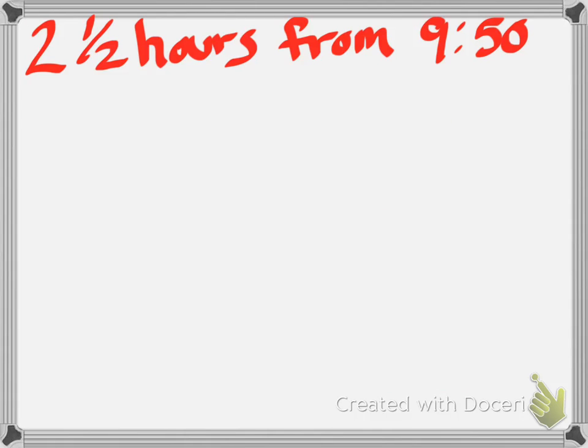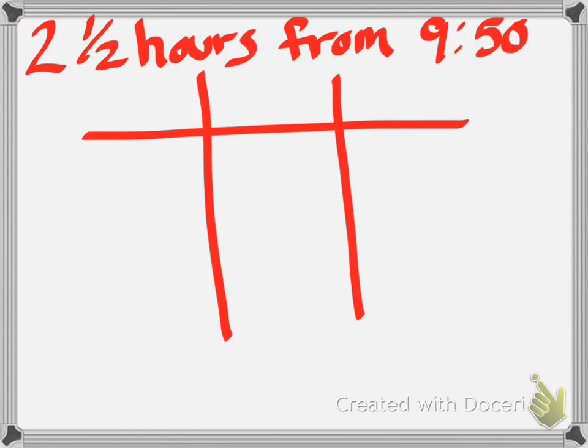Okay, now let's go ahead and figure out a different type of elapsed time problem. We're actually going to be doing something a little differently. We have 2.5 hours from 9:50. So you still do the same thing. You still go ahead and create that graphic organizer with the time, hours, and minutes. You still have your start time.